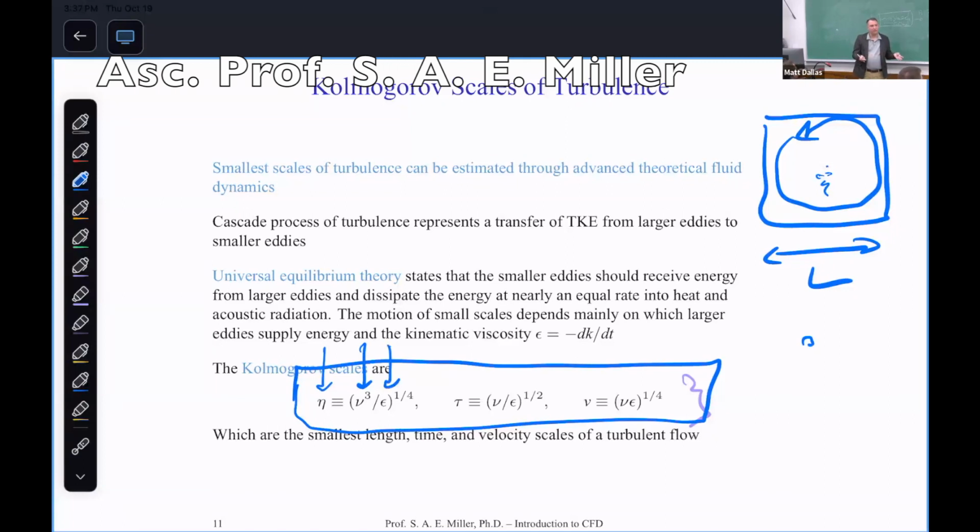You can calculate energy; it's about 1/2 times the density times the velocity squared. If that energy, 1/2 rho v squared, decays, it actually decays at roughly a constant rate. K is the kinetic energy and this is its rate of decrease with time. I plug it in there and I can estimate the smallest scale of turbulence.